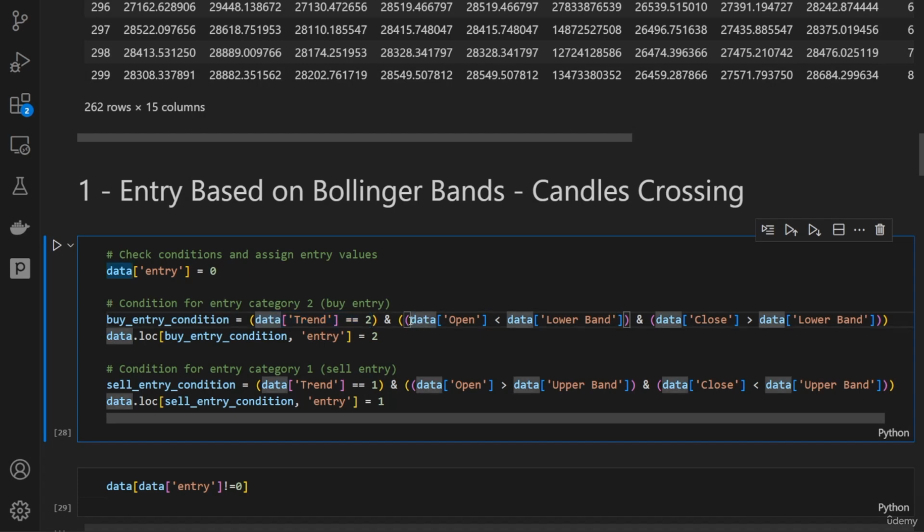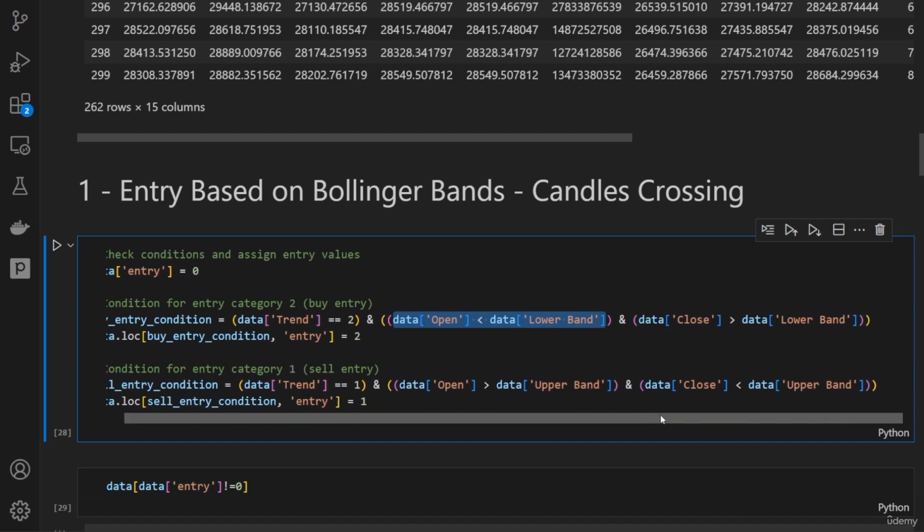And at the same time, the open of the current candle should be below the lower band curve, and the closing of the same candle should be above the lower band. So we're crossing the lower Bollinger Band from bottom to top in an uptrend.